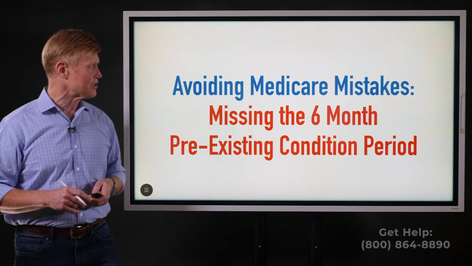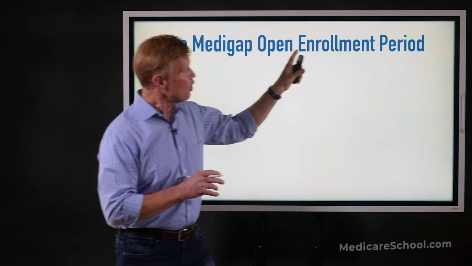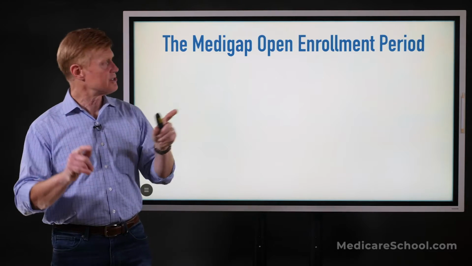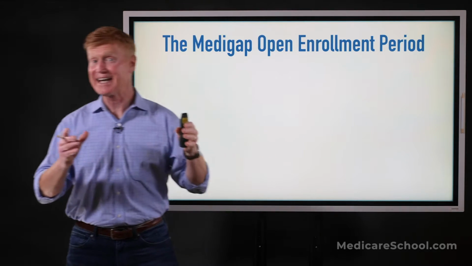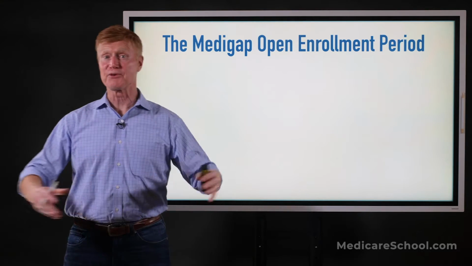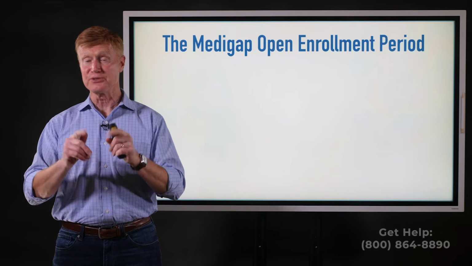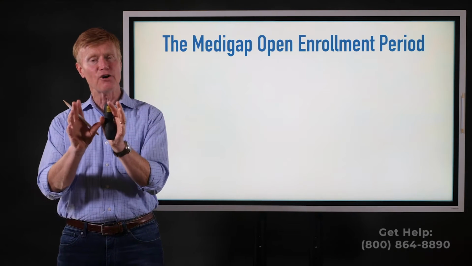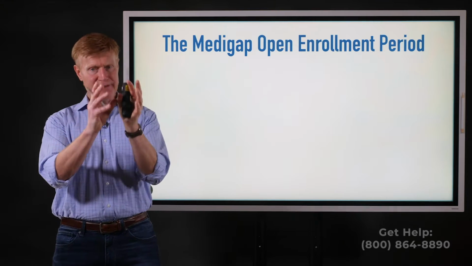Here are some instructions I want to make sure you're clear about. Number one, we call this the Medigap open enrollment period. Notice, this doesn't say the Medicare open enrollment period. Medicare does have an open enrollment period for the entire Medicare population, every year, October 15th through December 7th, and it has to do with prescription drug plans and Advantage plans.